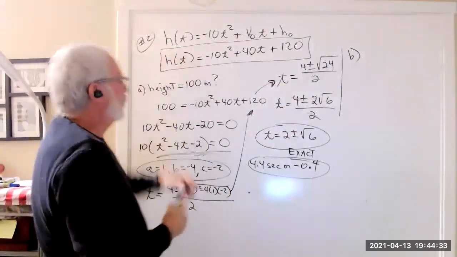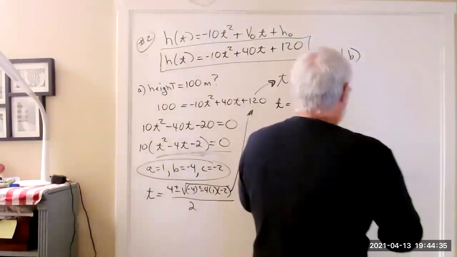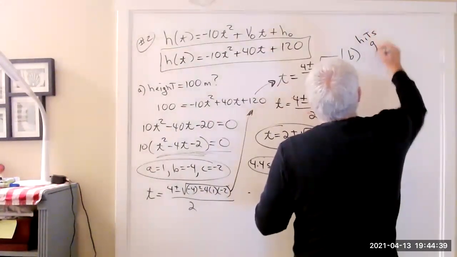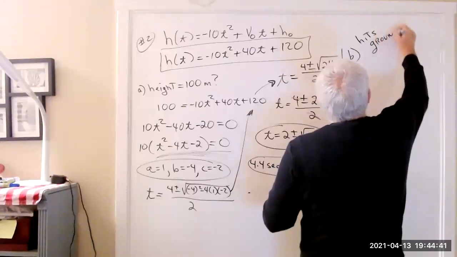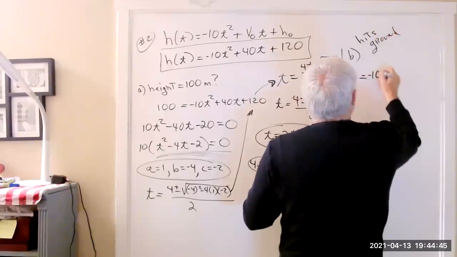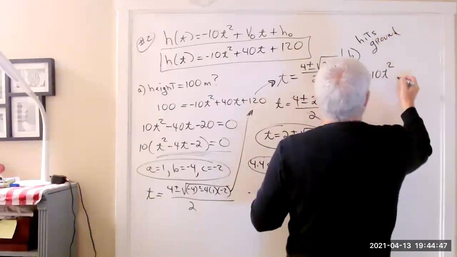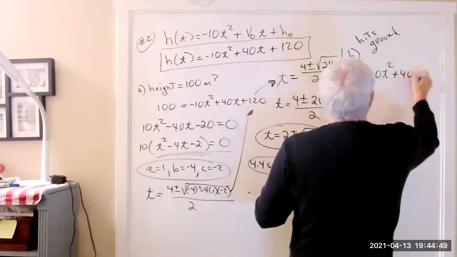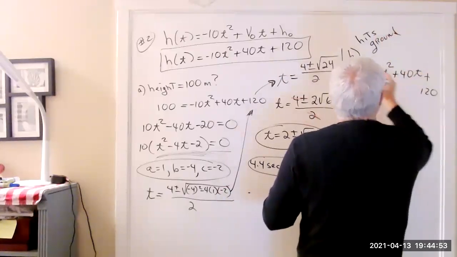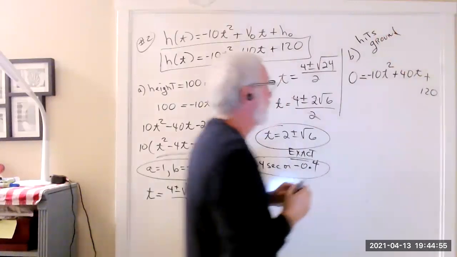On part B, if it hits the ground, your equation would be 0 equals negative 10t squared plus 40t plus 120, because when it hits the ground, h is worth 0. I apologize for squeezing it in there.